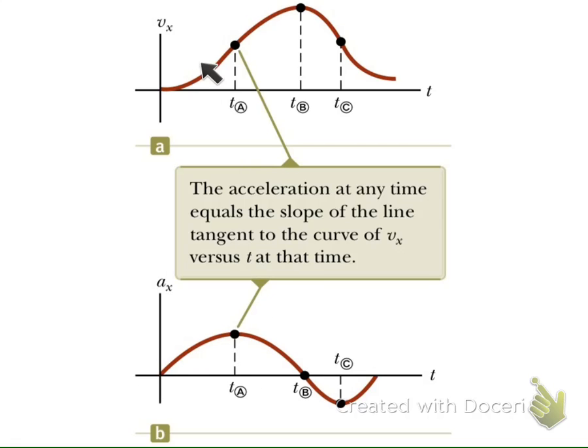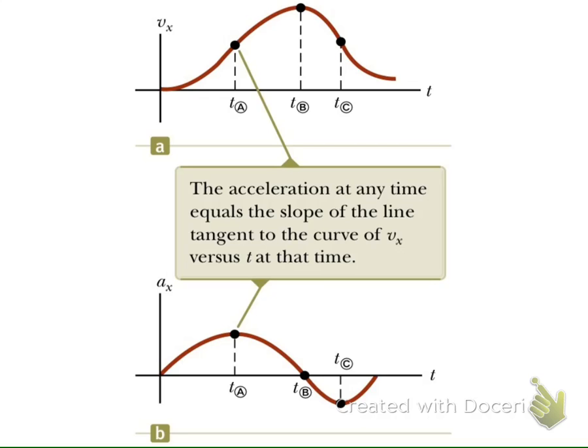So it means that the slope of the VT diagram is positive. Also, you can see that the slope on this part of the curve is all positive. But after the time Tb, the acceleration becomes negative at this part. So the slope of the VT diagram is negative on this part too.